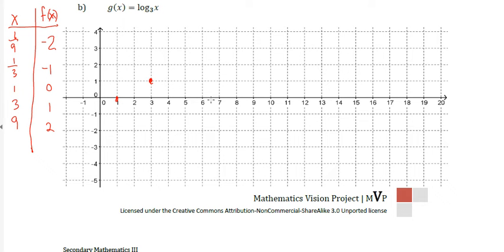3, 1, 9, 2. Now 3 would be over here at 27. And then we have 1/3, and 1/9 is going to be really darn close. We're going to pretend that that's not actually on 0.